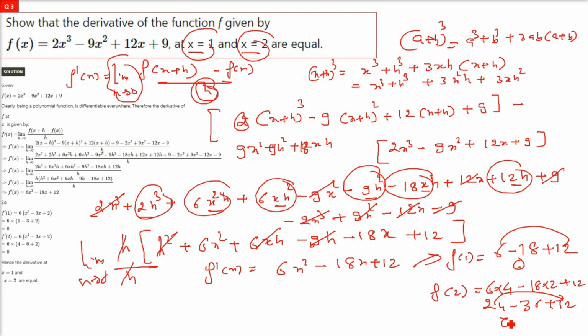Okay? So 0, 0, and they are saying the same thing, so we have also proved it. They both are same. Differentiation is equal.